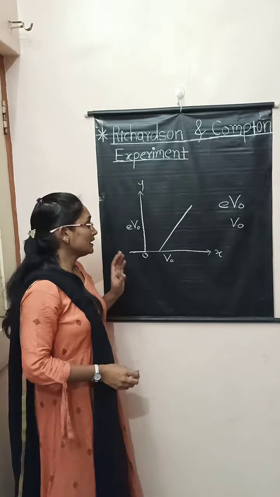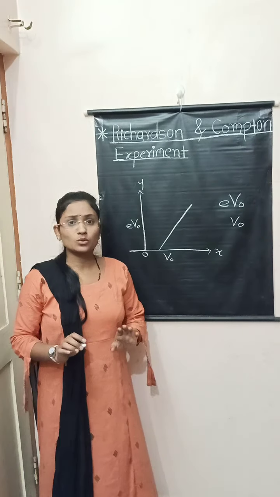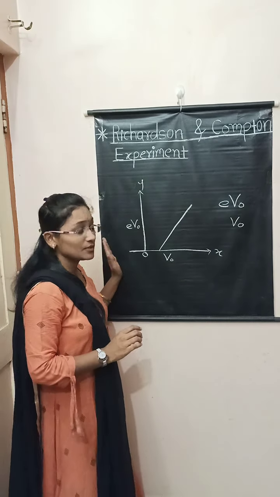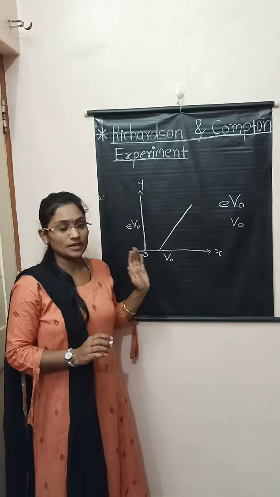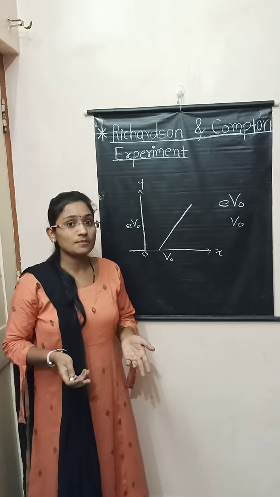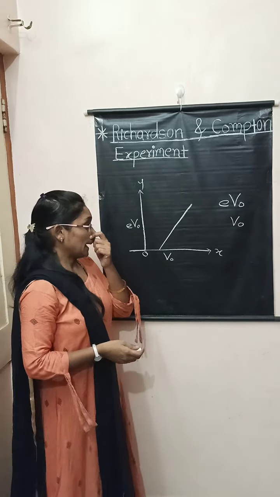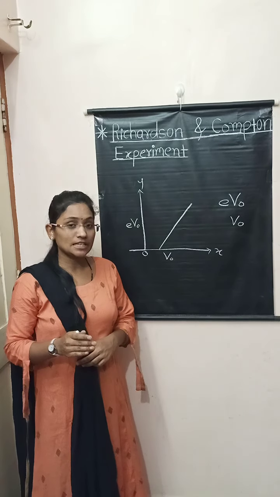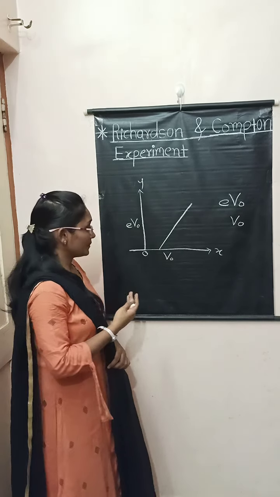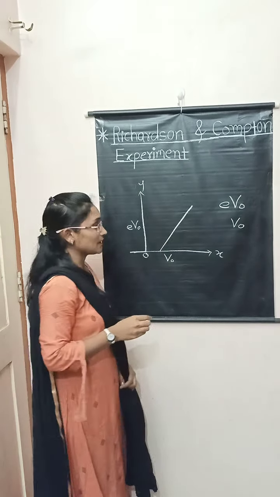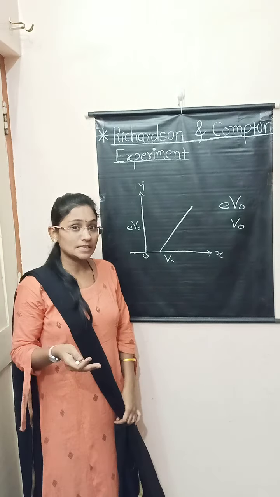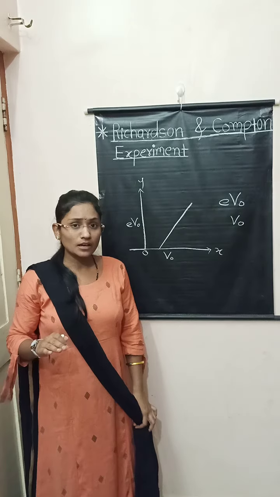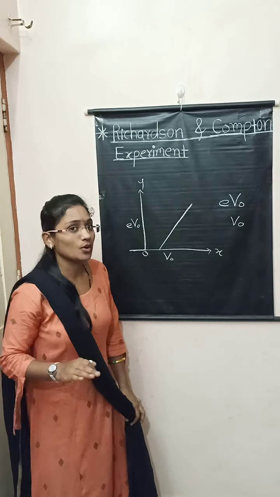This graph is totally related to threshold frequency. This represents the threshold frequency. We know that threshold frequency is the minimum frequency. Threshold frequency is defined as the minimum frequency required for photoelectric emission; below it no photoelectric emission occurs.